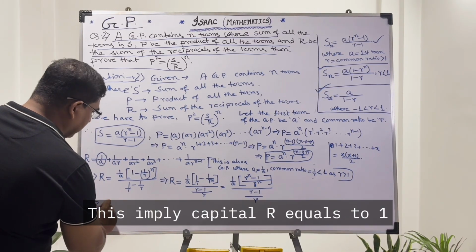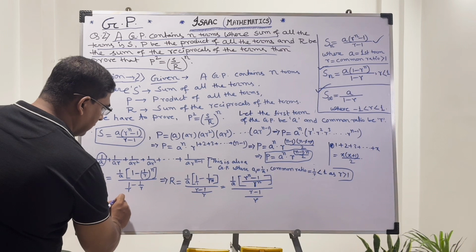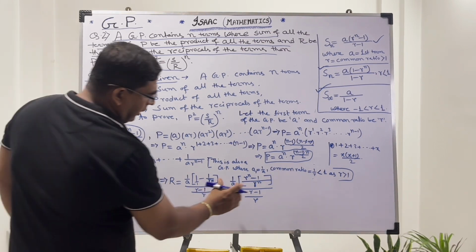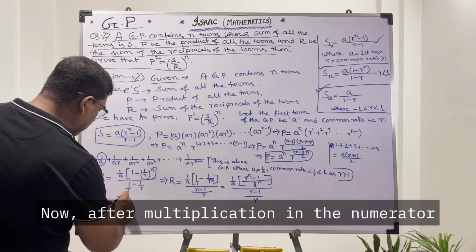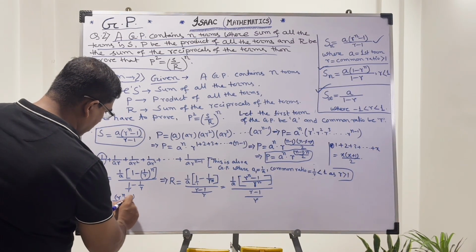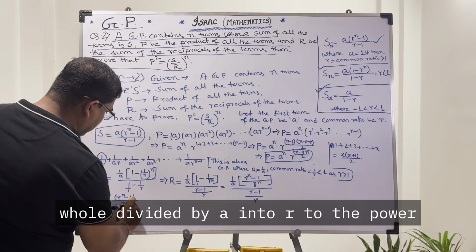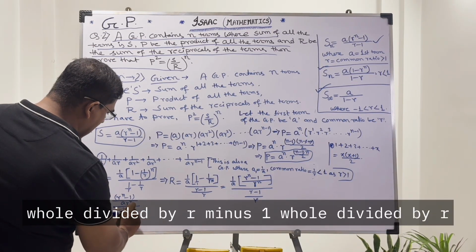This implies capital R equals 1 by A. Now after multiplication, in the numerator we get r to the power n minus 1 whole divided by a into r to the power n whole divided by r minus 1 whole divided by r.